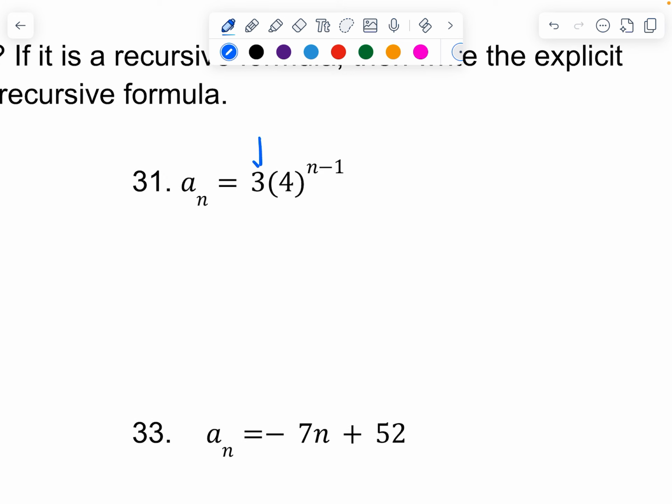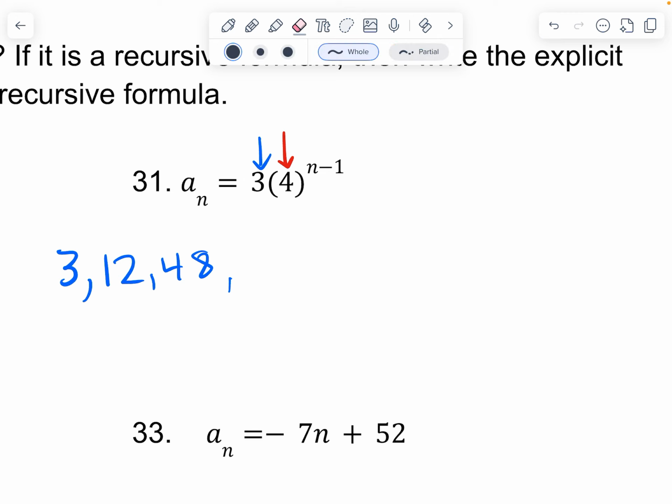Our starting value is 3. And we're going to go up by a rate of 4. So, multiplying by 4 each time. So that'll get me 12. That'll get me 48. So 96. I think the next one... Oh, that is not right. I times it by 2. 192.